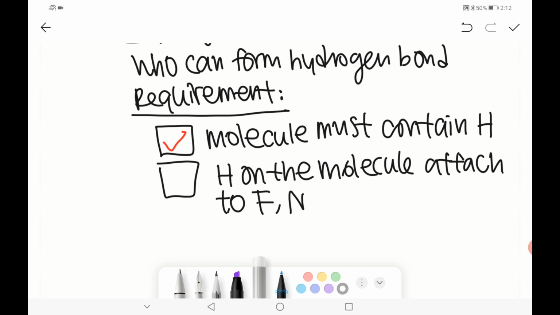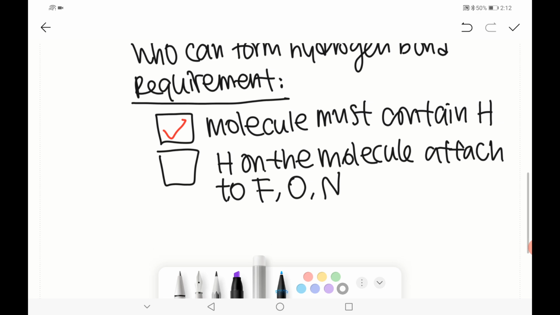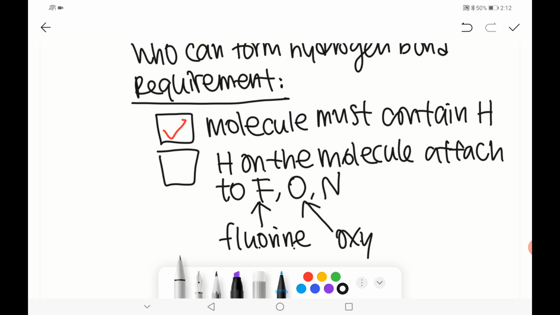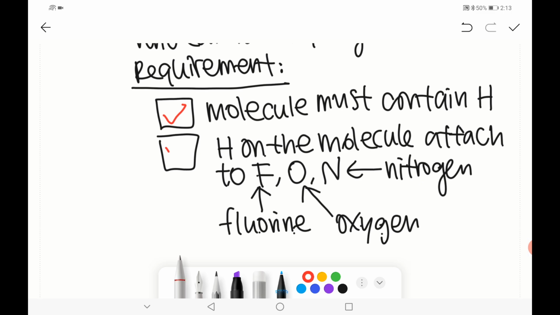O is oxygen, and N is nitrogen. FON. I will teach you how to memorize it later. So this is the second checklist. You must have H, and the H must be bonded to FON.